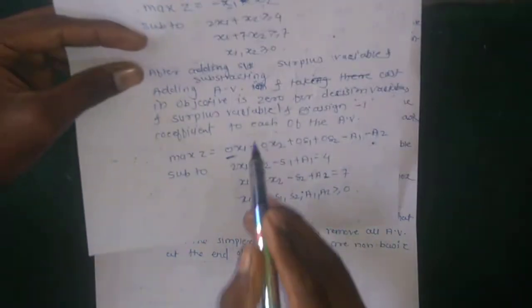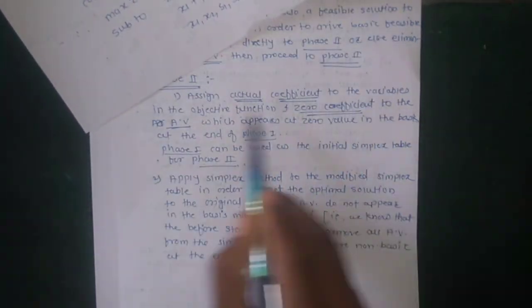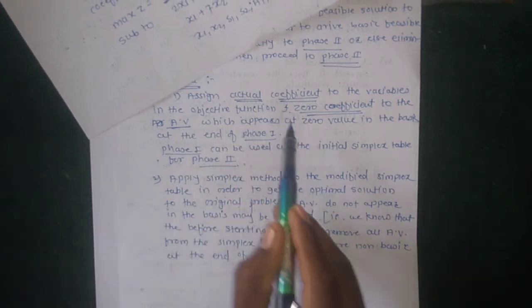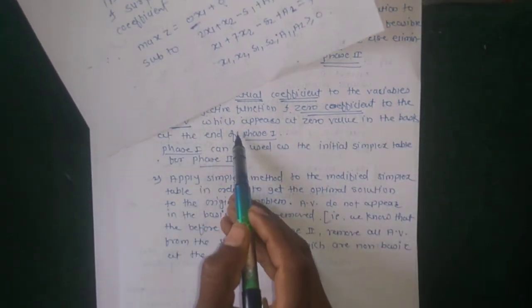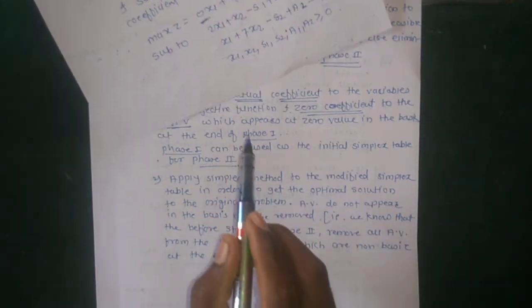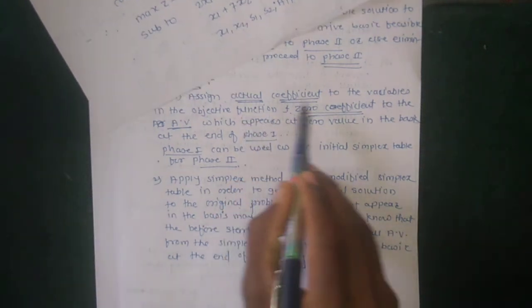Actual coefficients for x1 and x2 are the actual coefficients of the decision variables in the objective function, and 0 coefficient to the artificial variable. Take a 0 coefficient for artificial variable and actual coefficient for decision variable.